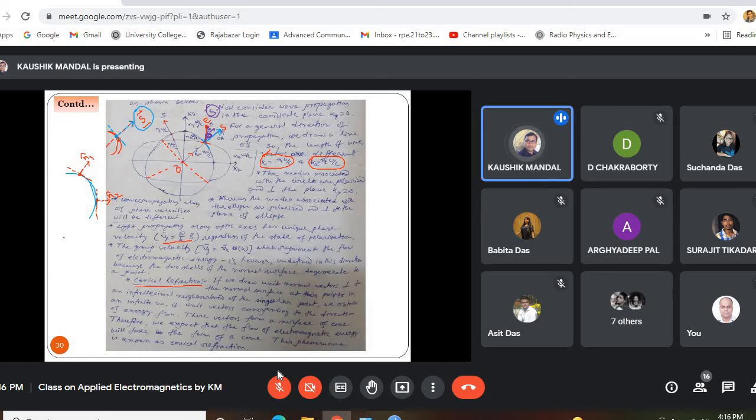If you try to draw it on your own, you will be able to realize how this conical kind of structure will form at this particular crossover point. One is the spherical shell, and this is the crossover of two shells. So you have to draw a normal at this point. If you draw a normal corresponding to this surface, it is along this direction. If you draw a normal corresponding to this surface, it will be along this direction.